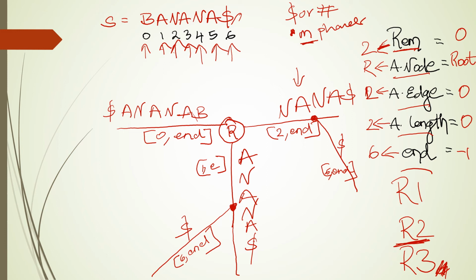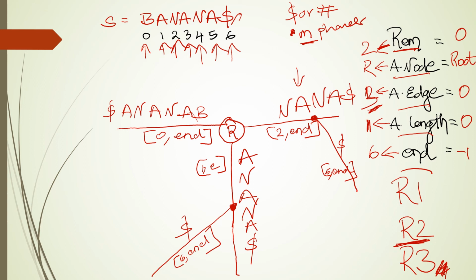And again, you are nowhere to go. What can you do? You increment the active edge and decrement the active length. So where does it take you? Active edge is 3, sorry, and active length is 1.